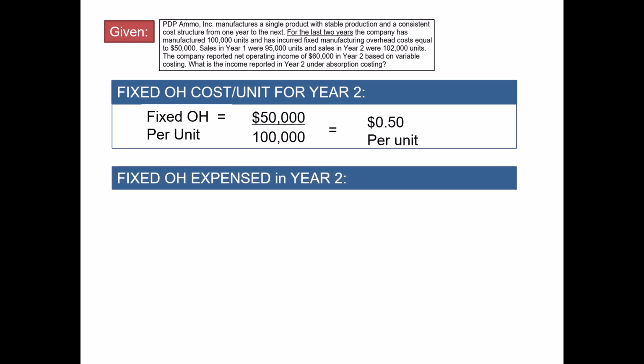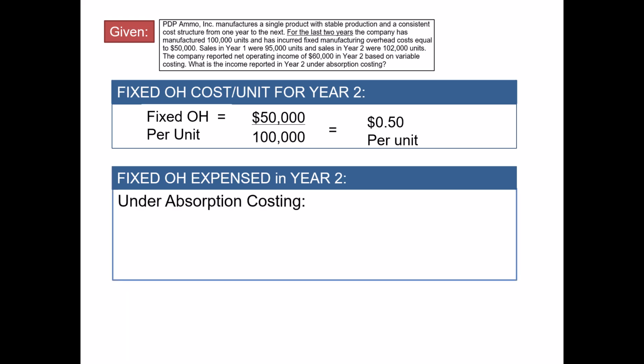That means the fixed overhead expensed in year 2 under absorption costing will be at a rate of 50 cents per unit sold. We sold 102,000 units, so we'll expense $51,000, noting that we are expensing more than was actually incurred.